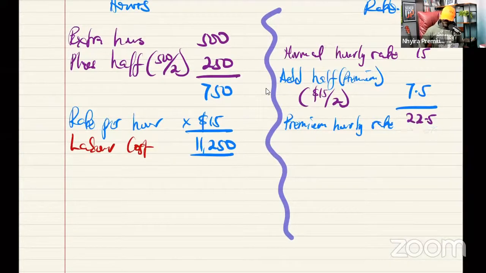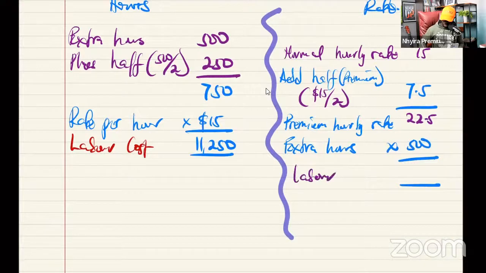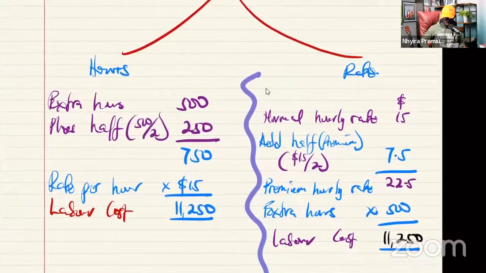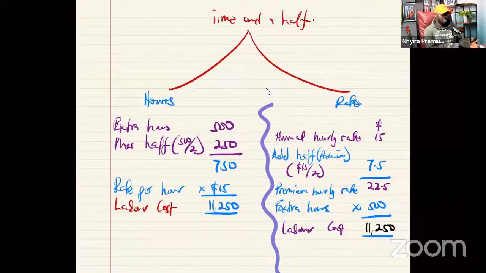Then we can multiply that with the extra hours we need, which is the 500 hours, so that the labor cost will be, it should give us the same answer, 22.5 by 500, 11,250. So these are the two schools of thought of dealing with these issues.